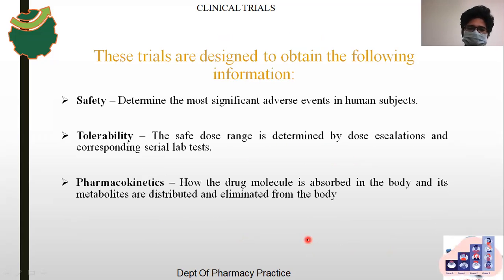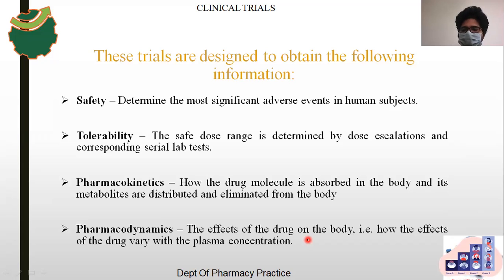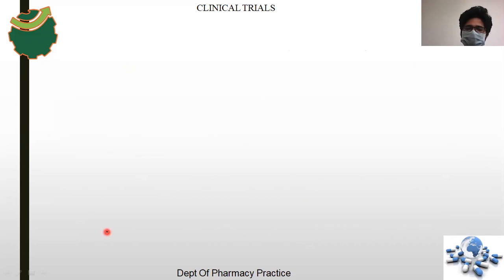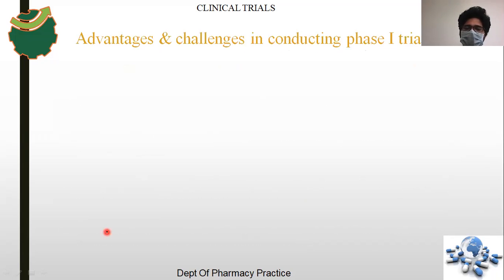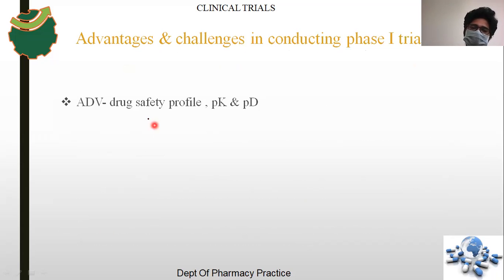Yeah, this is the same slide which we had kept previously. Phase one is done to see the safety, tolerability dose, PK and PD. So that's about your phase one and the challenges and advantages. So the advantages are to see the safe dose of the drug, the safety profile of the drug, and the tolerable dose of the drug.